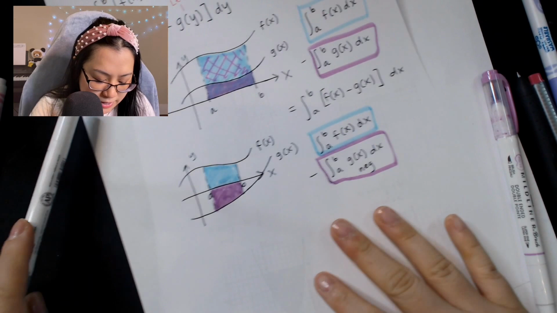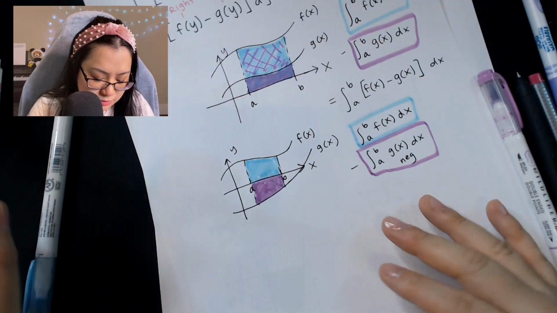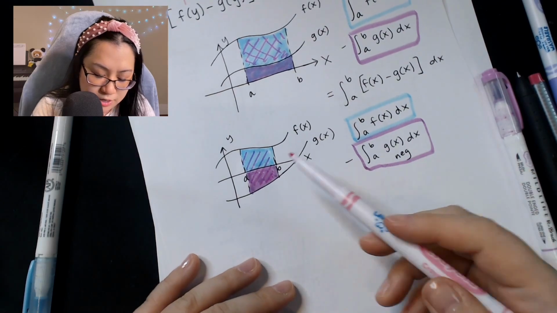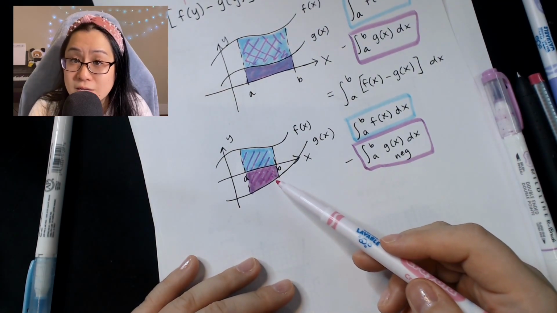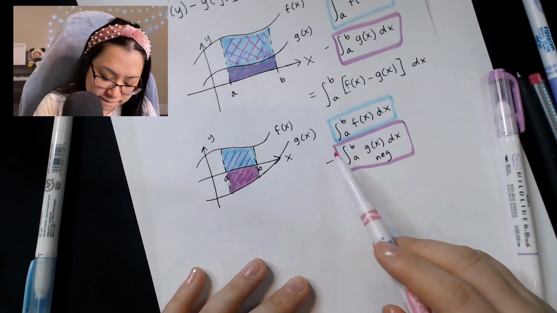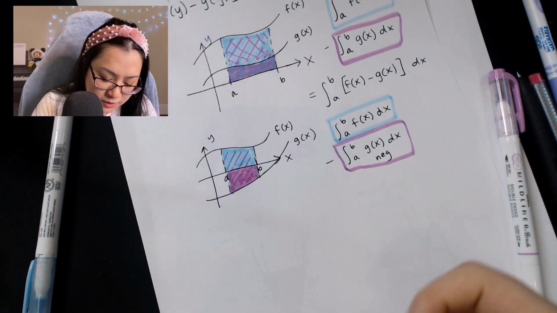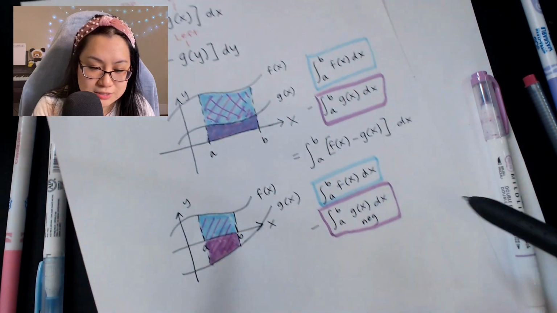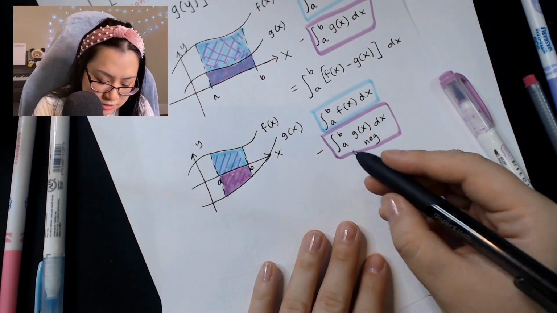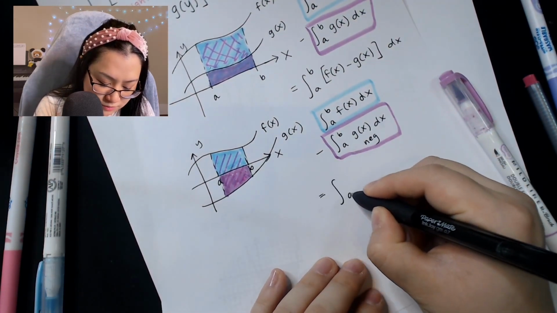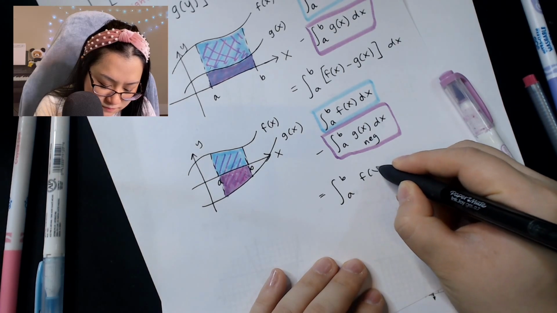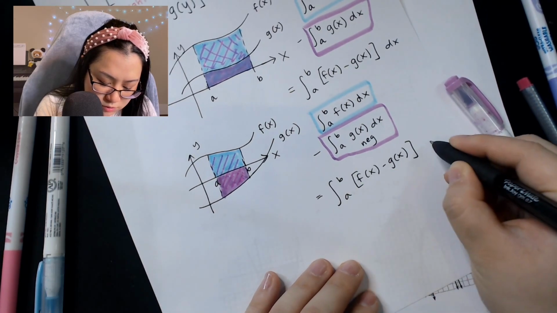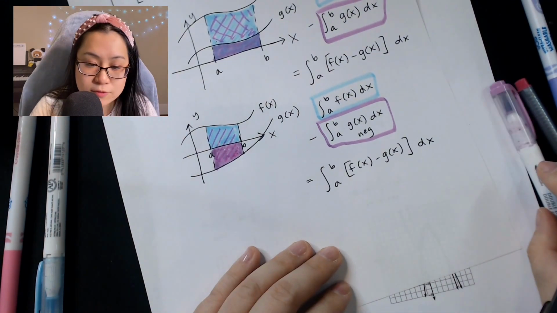So that means that this would give us the total area. It'd be light blue plus purple. Okay, so in a way, the minus sign actually still works out. So we still have the same formula.